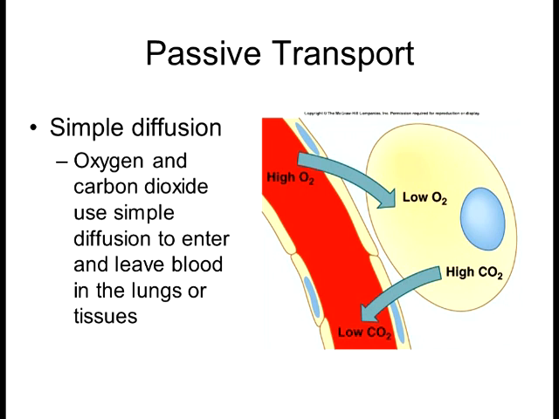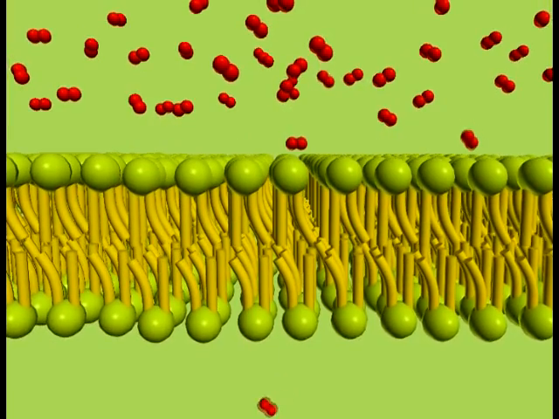So in simple diffusion, the membrane, let me pull up some of my animations that I've created here. The membrane is very porous in the sense that there is space that allows some molecules to go through the phospholipid bilayer. Okay, there we go.